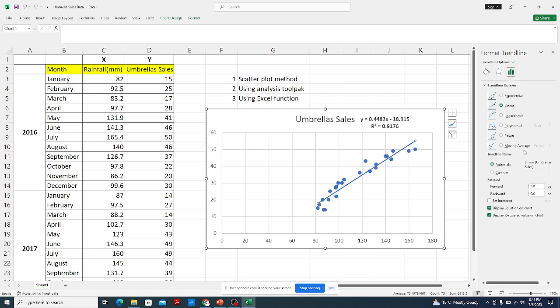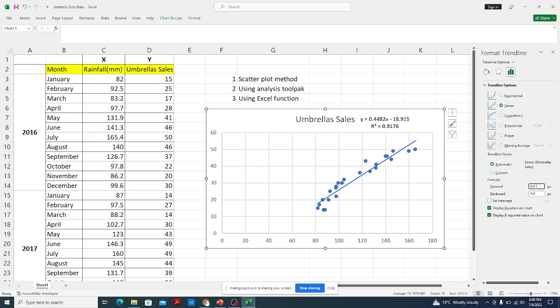Then after that I want to do some forecast, both forward and backward. By what percentage do you want to forecast your line of best fit?